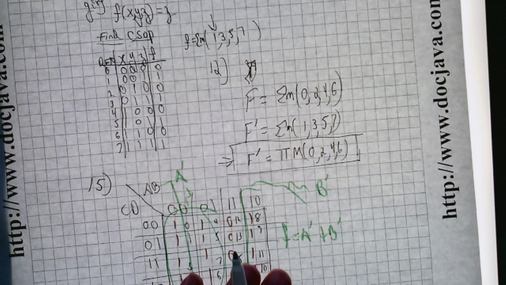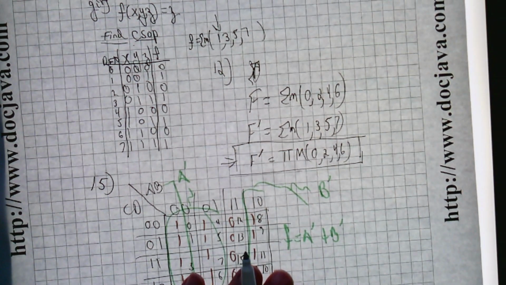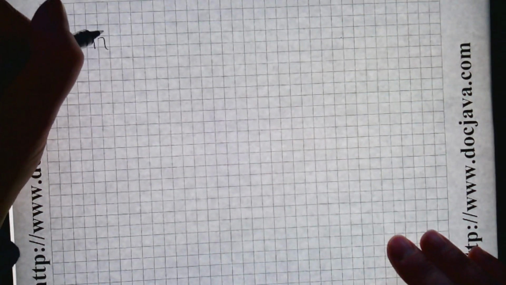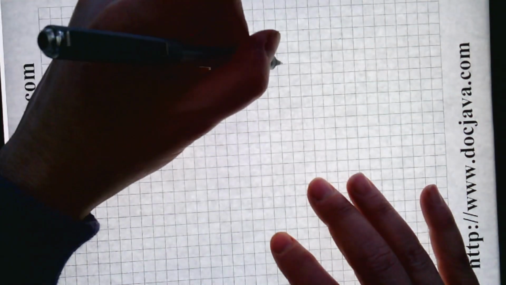Well, here's one. Question number 17. We'll do 17. So it's a K-map, just like the K-maps you're used to.